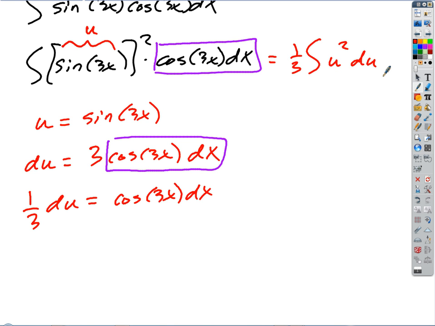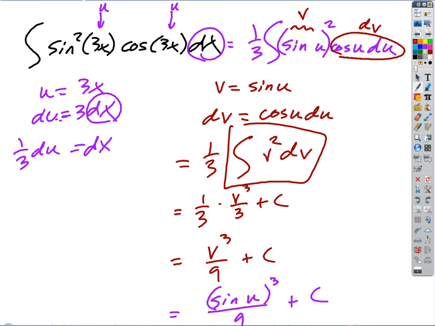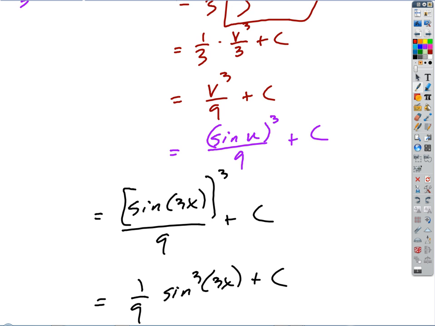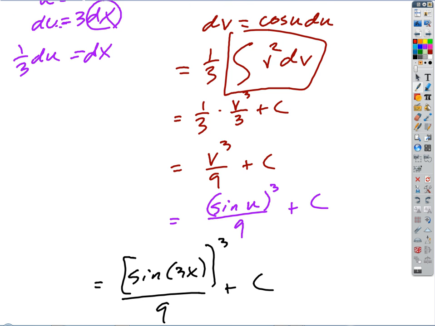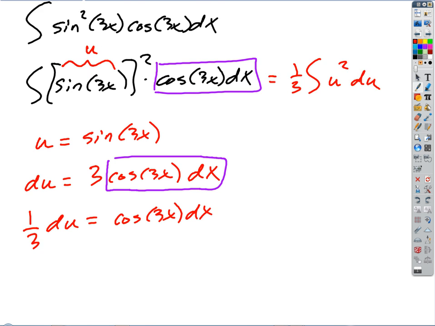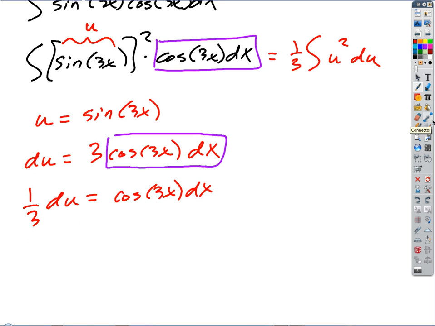Right, that's what we ended up with on the previous example. That's what we got in terms of these, right? We just did this in one larger substitution this time. Okay, so we know that answer, we already did it. That's just equal to 1/9 u cubed plus c, right?